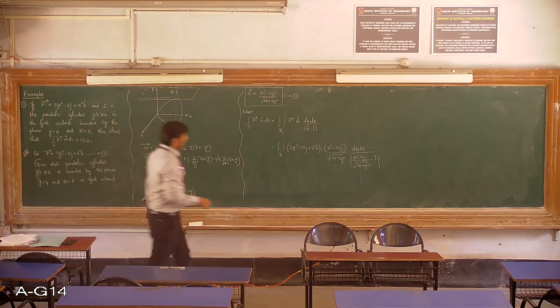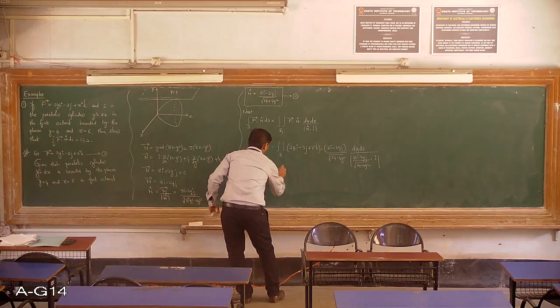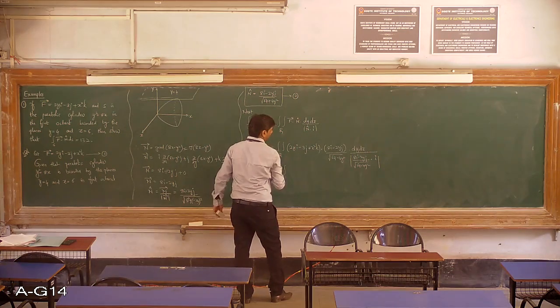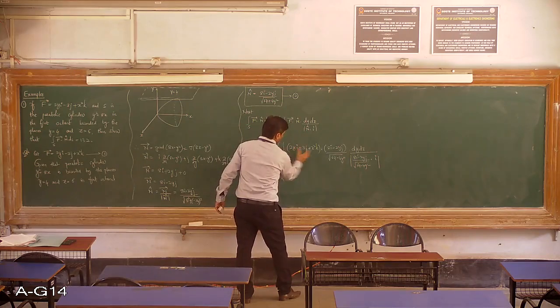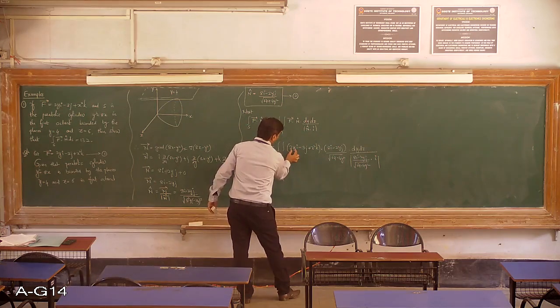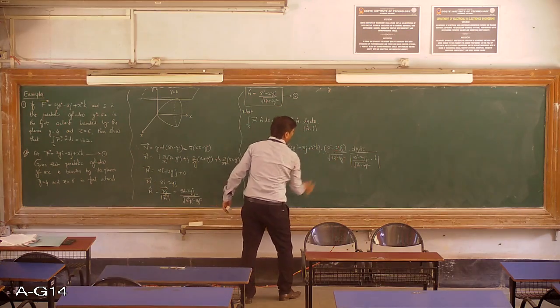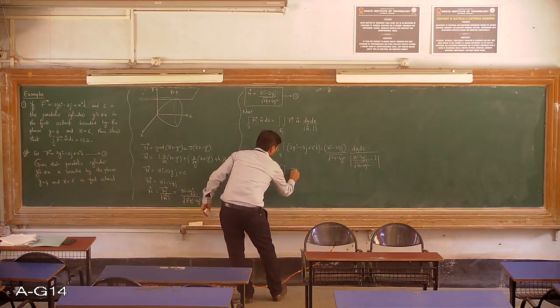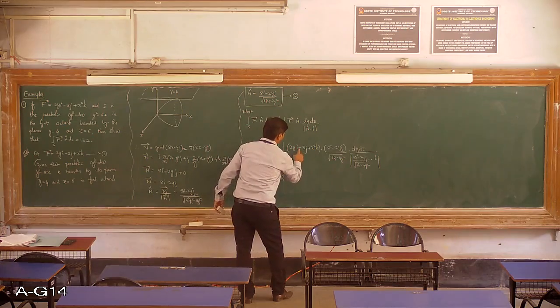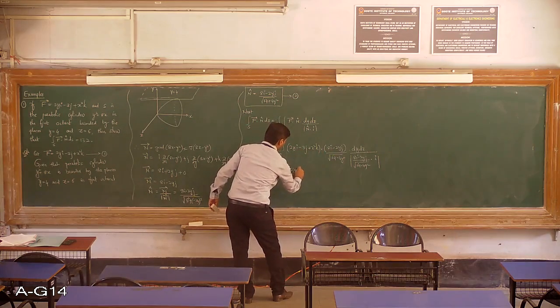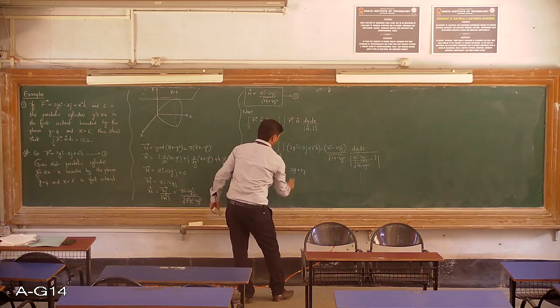Okay, so this is equal to the double integration over R. First this i, because it is a dot product, 2y into 8 plus minus 3 into minus 2y. So what you will get is 2y, and here this will be minus of minus, it is plus 3 into 2y, that is 6 times y.